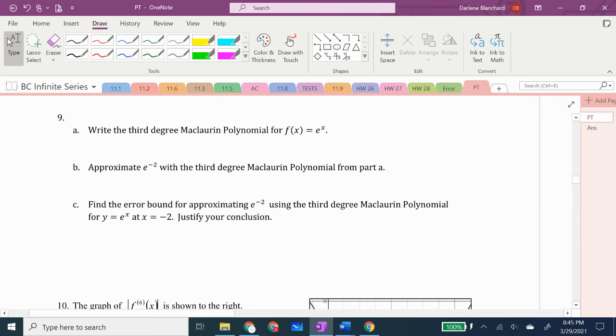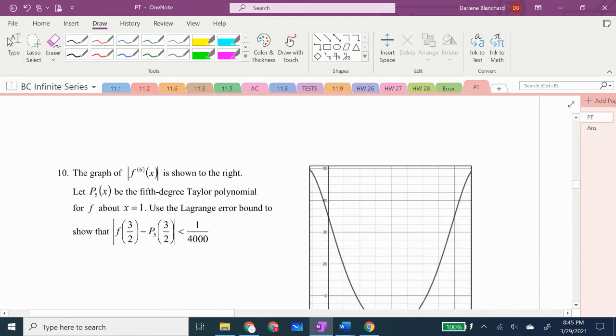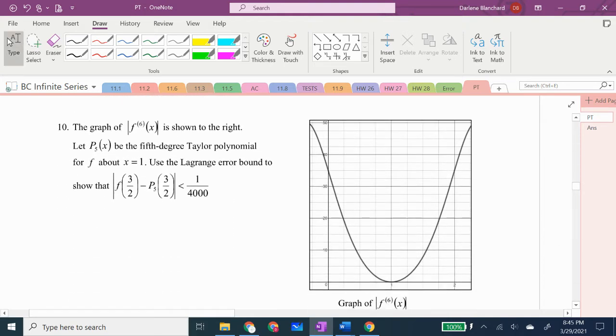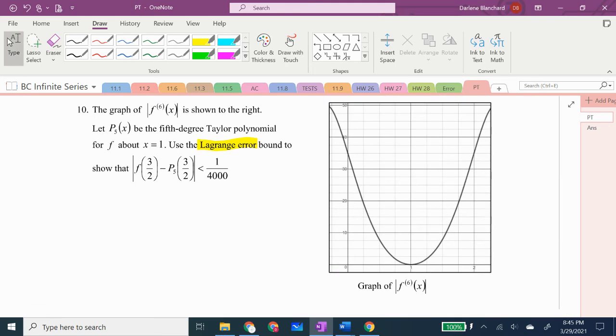Okay, I'm not putting number 9 on the test tomorrow, so I'm just going to move on and focus on some of these. So let's start with number 10. If you are expected to use the Lagrange error, then what I do is I think about, first of all, what are my nabs? I need to nab certain numbers.